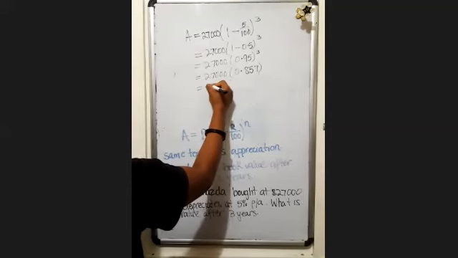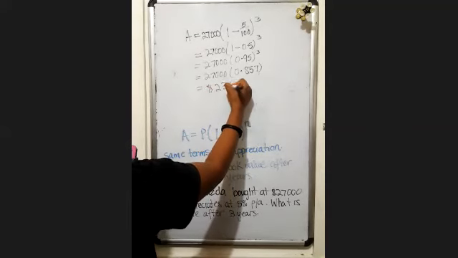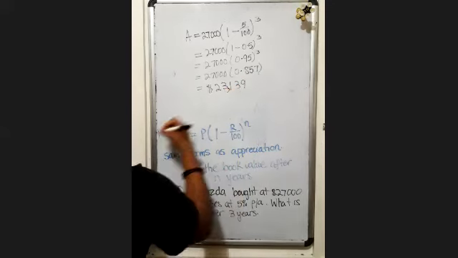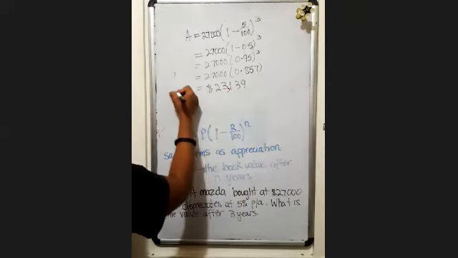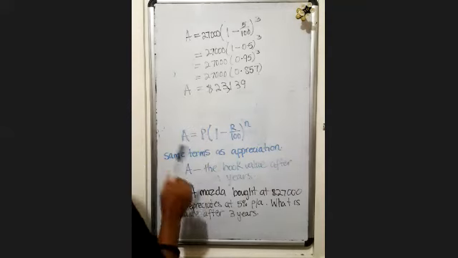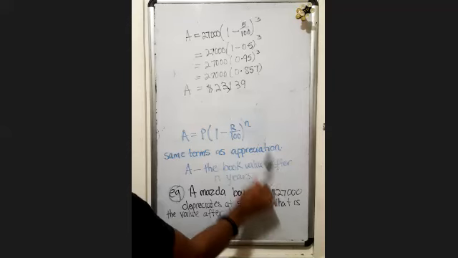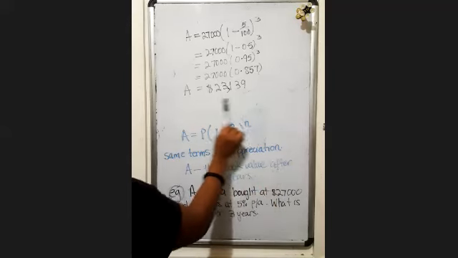So the amount would be 23,139. So $23,139 would be the book value for this Mazda after 3 years. This is what it would be worth.